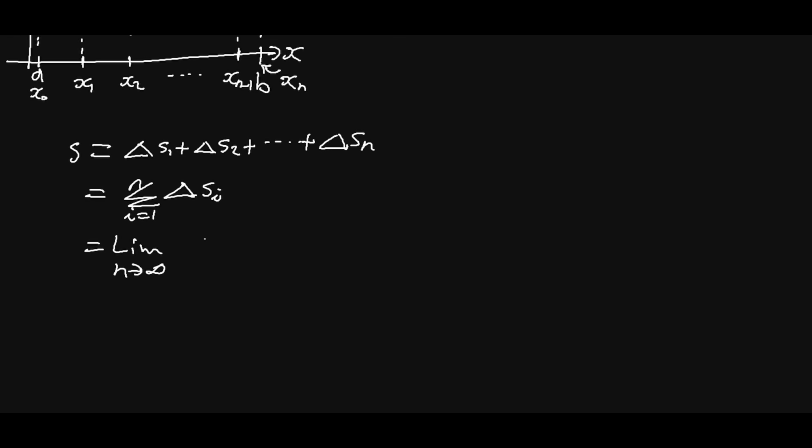And then what is this limit for? It's the limit of these delta Si values. We want to get as many as possible of these delta Si values. According to the knowledge in calculus, once we have a limit as n tends to infinity like this, it allows us to replace this with the integration sign.